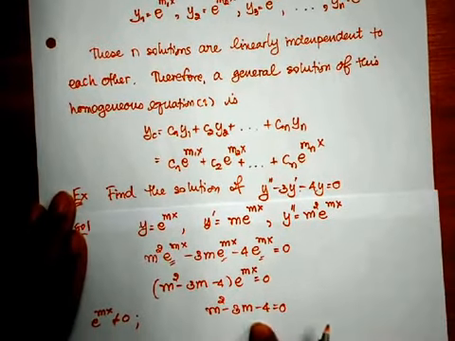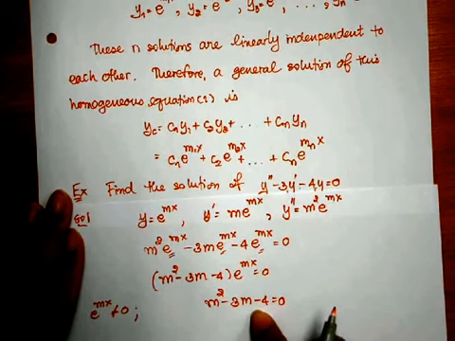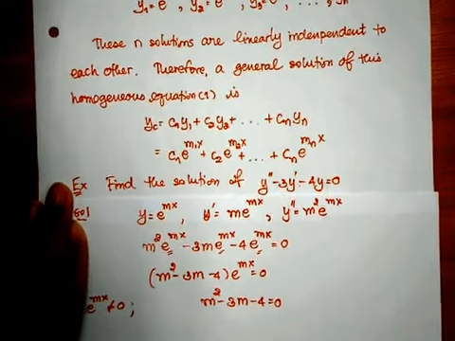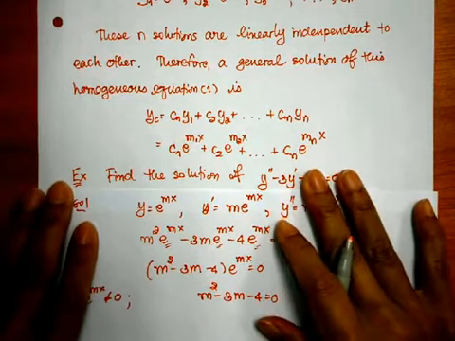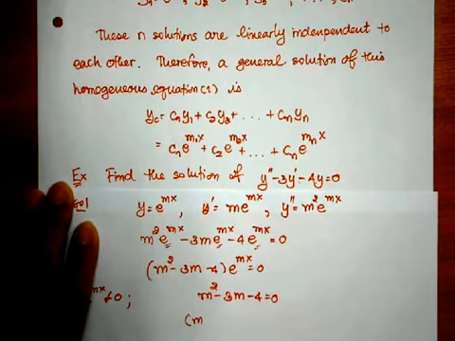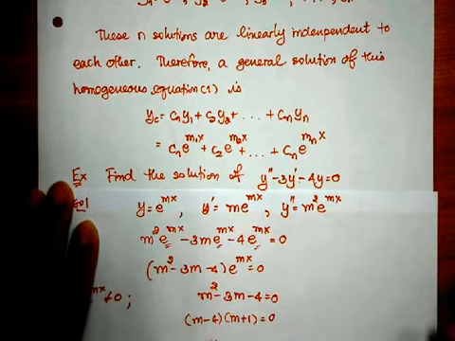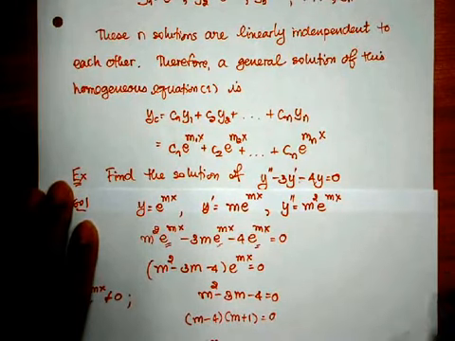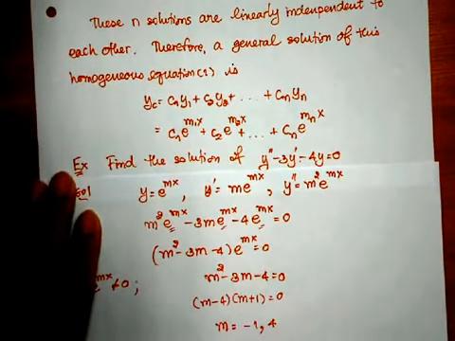From this characteristic equation, can you find the roots of m? How many values of m should you be able to find? Two, which are minus 1 and plus 4, right? That means you have y1 equal to exponential of minus x and y2 equal to exponential of 4x.